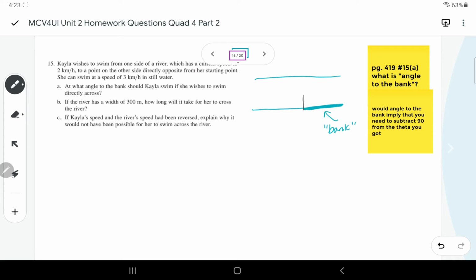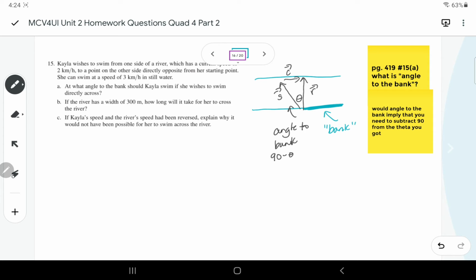So she wants her resultant to be directly across. We know that the current's going to be going that way and that this is going to be her swimming. So presumably you would find this theta here, then this is the angle to the bank, and you do 90 minus the theta. I think that's how most people would solve that.